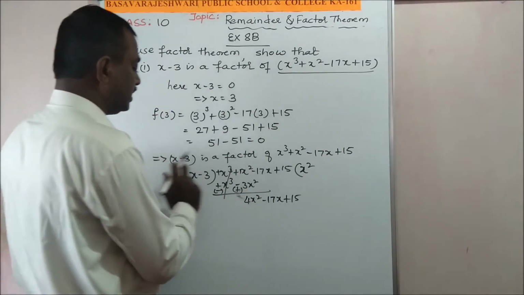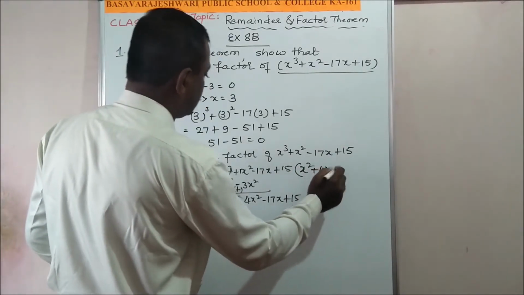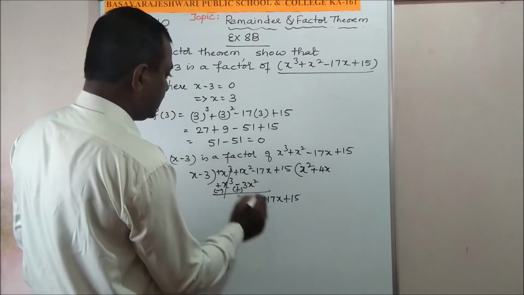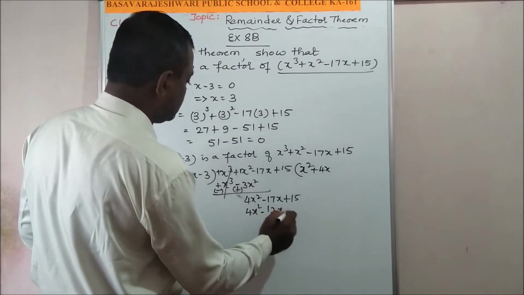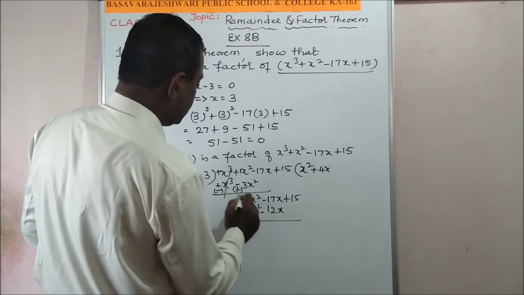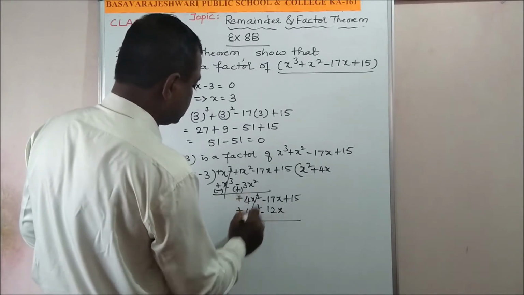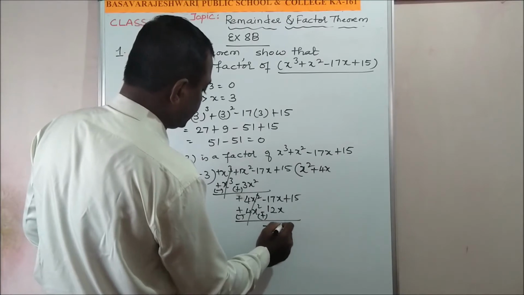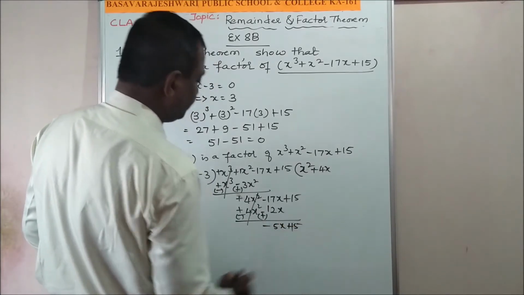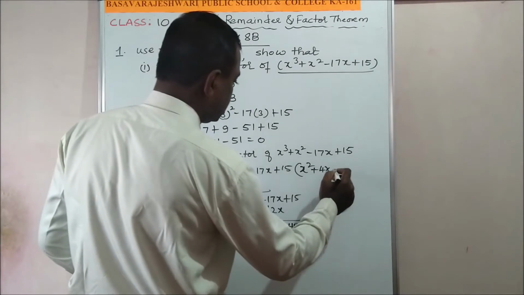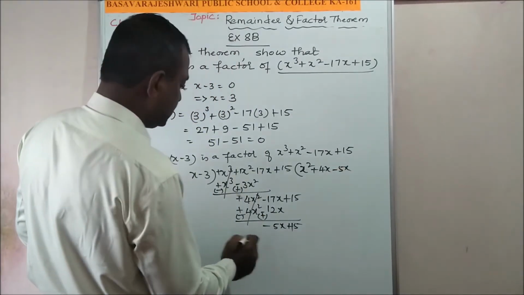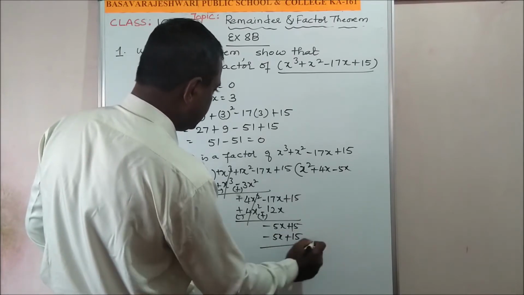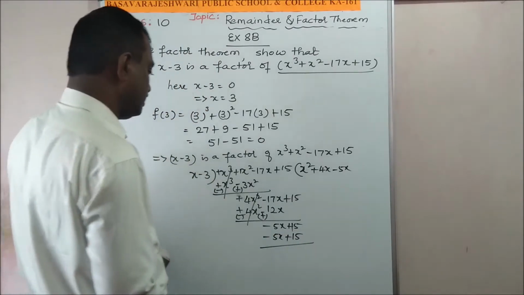Then plus 4x: 4x into x is 4x squared minus 12x. Signs change, and minus 17 plus 12 gives minus 5x plus 15.